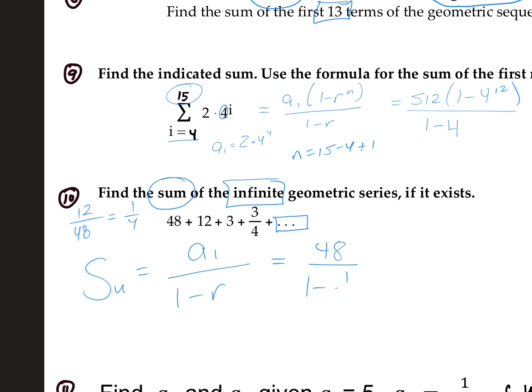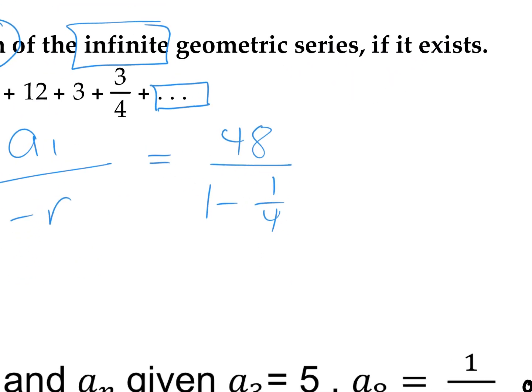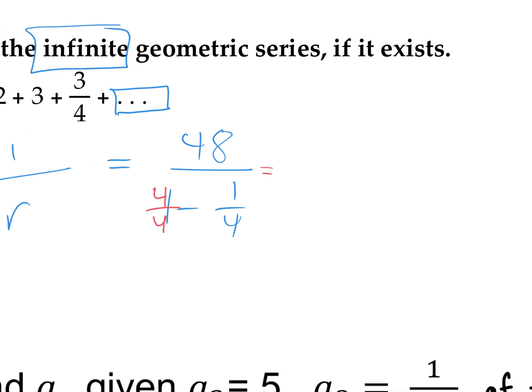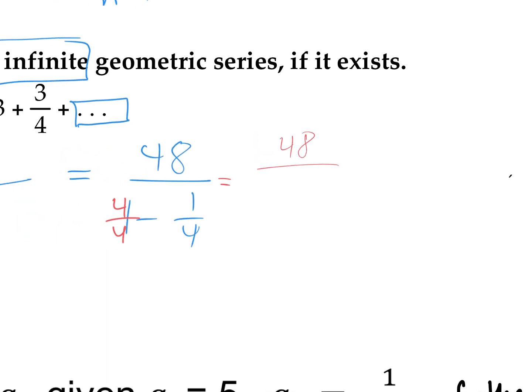If you are going down, you need to understand that you are multiplying by a fraction. So in this case, guys, I'm going to rewrite 1 as 4s. How many fourths is 1 whole? 4 over 4. So as you simplify this, you have 48 in the numerator divided by 3/4.